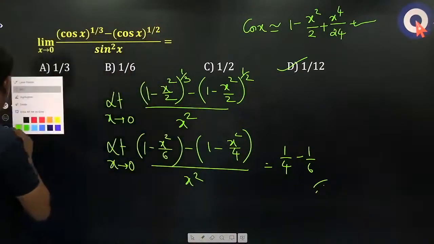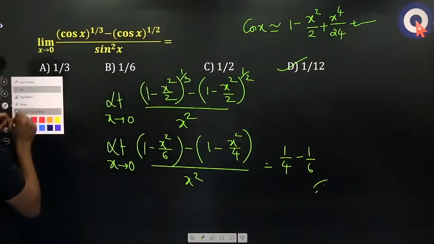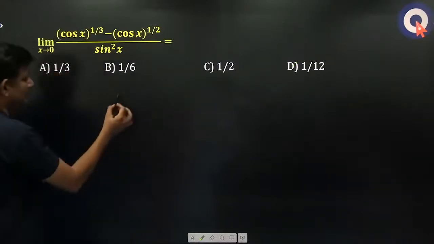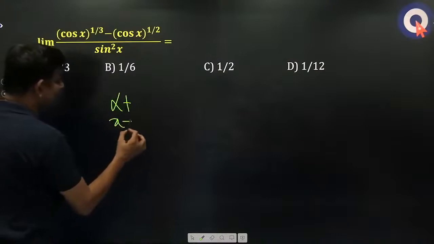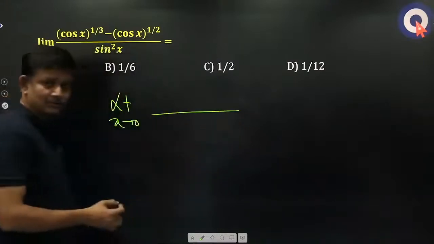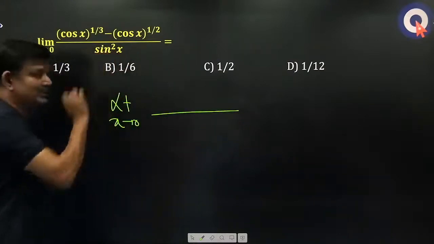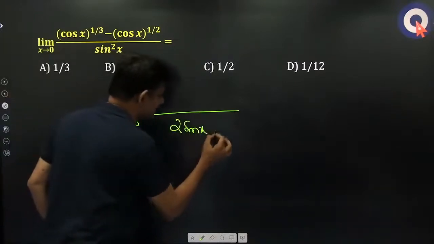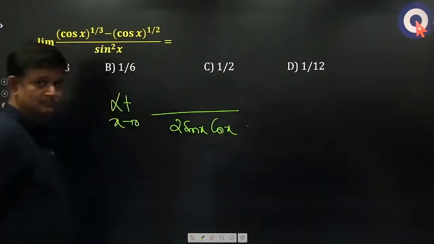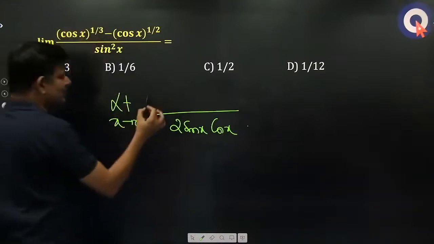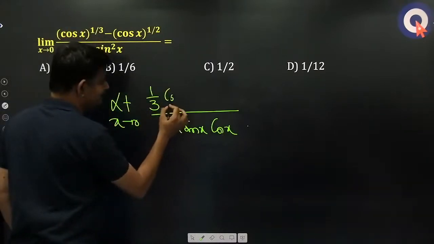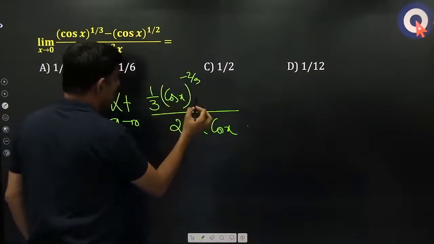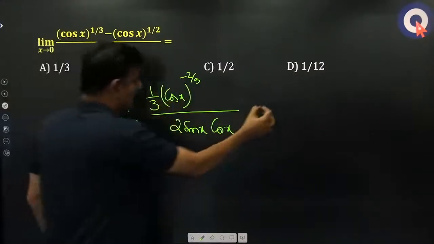I could have as well done it by power series or L'Hopital rule. How to use L'Hopital rule here? Again, before applying L'Hopital rule, I will simplify the denominator, or let it be, 2 sin x cos x is the derivative of the denominator. What is the derivative of this quantity? 1 by 3 cos x power minus 2 by 3 into minus sin x will come out. I will write it outside.